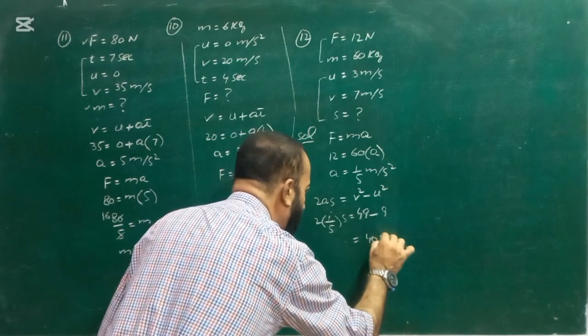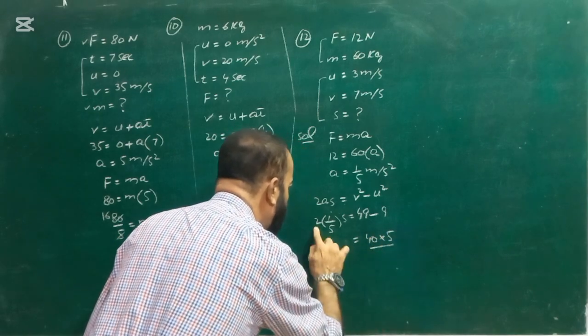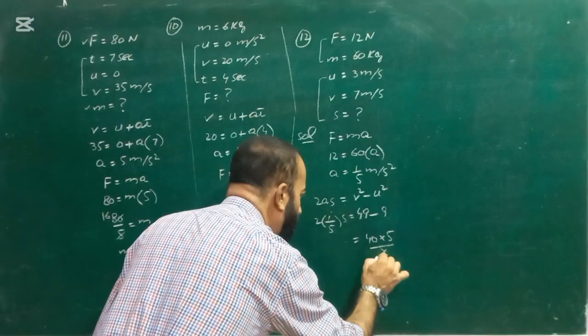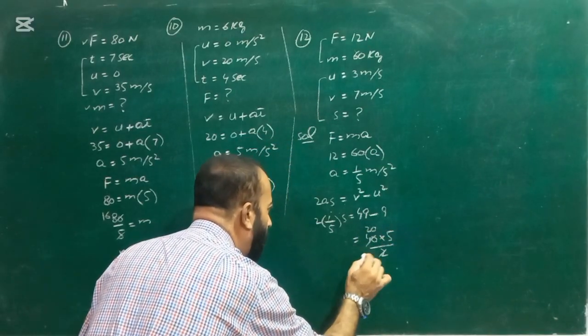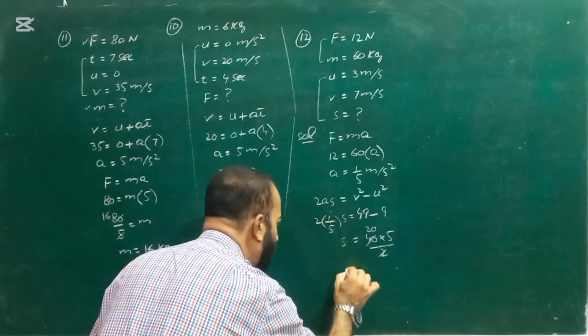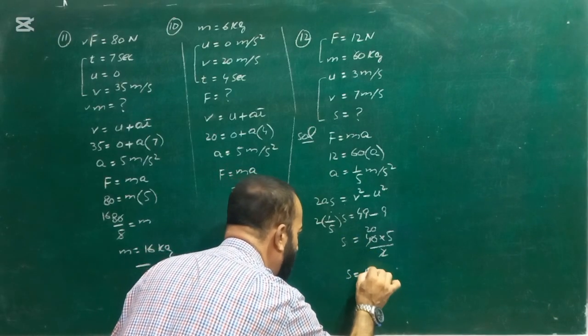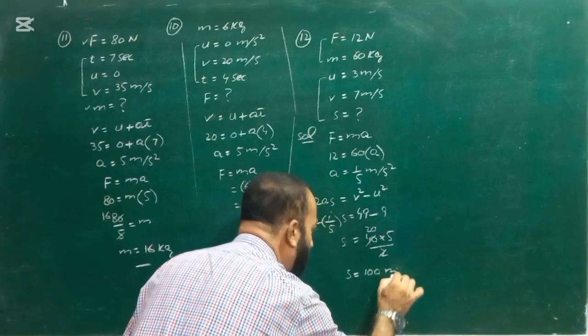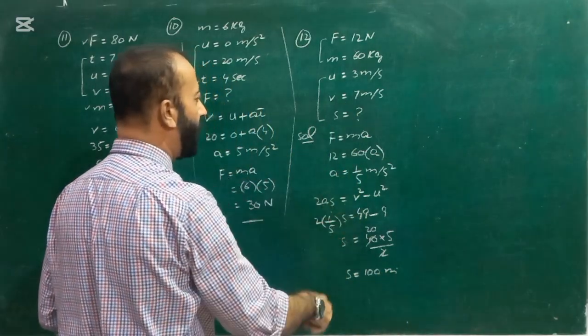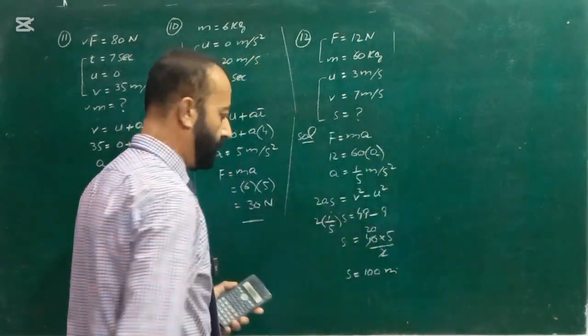This 5 will be multiplied by 40 and this 2 will come to the denominator. So 2 20s are 40 and 5 20s are 100. So S will be equal to 100, and because this is distance, the unit will be meters, because meter is the unit that is used in the question.